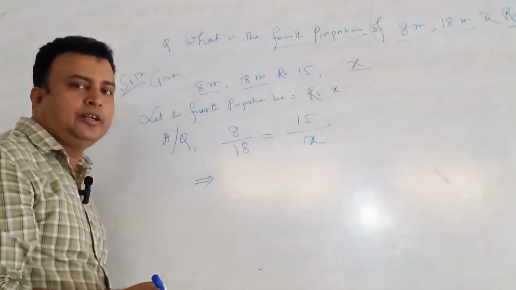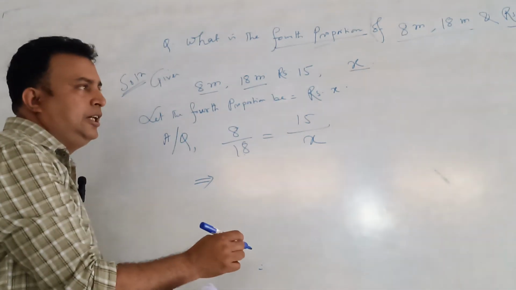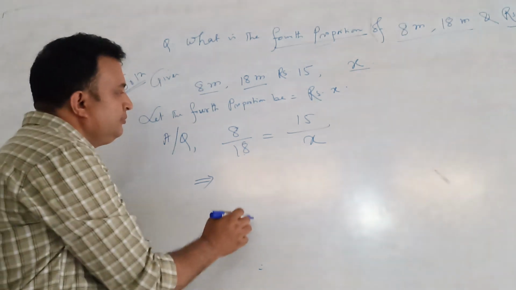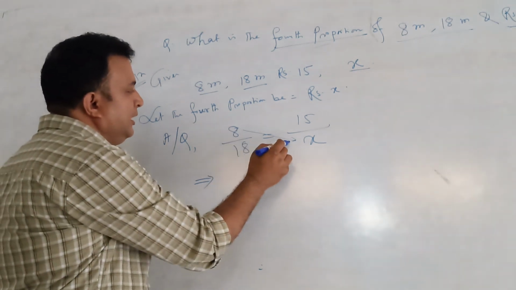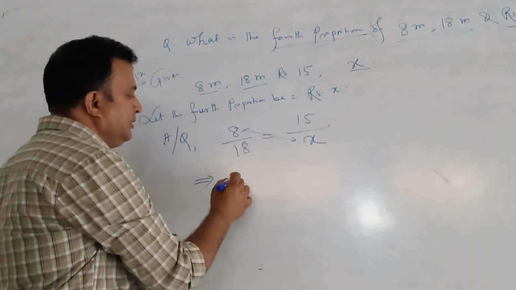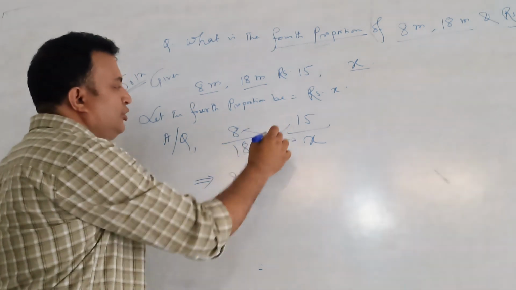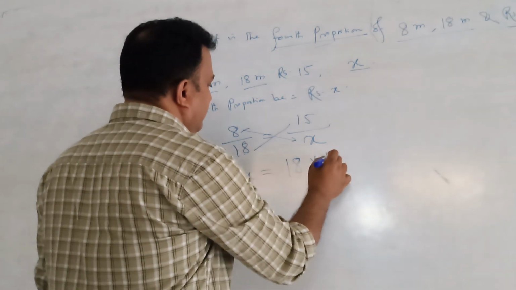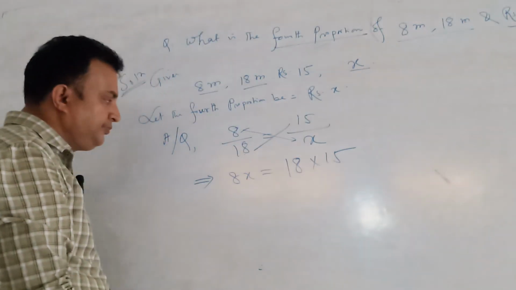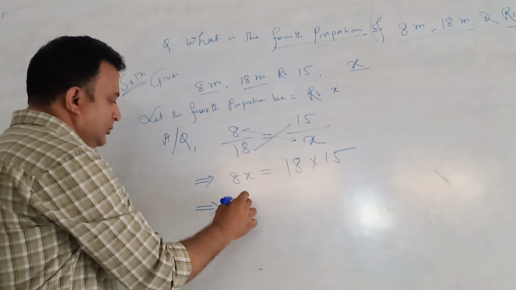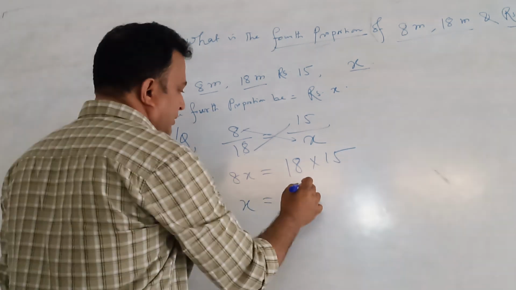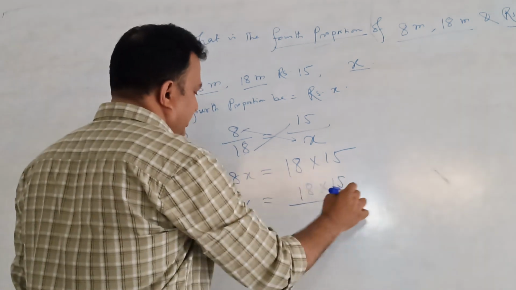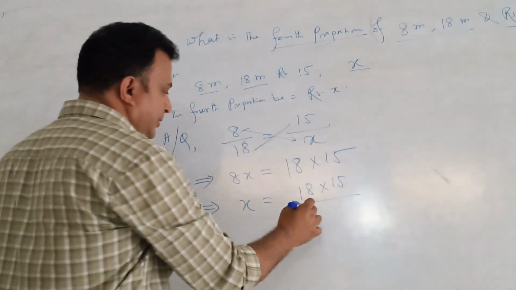Now we will find out the value of x by cross multiply. Cross multiply it, 8x, and cross multiply these two terms, 18 into 15. Only x equals 18 into 15 divided by 8.